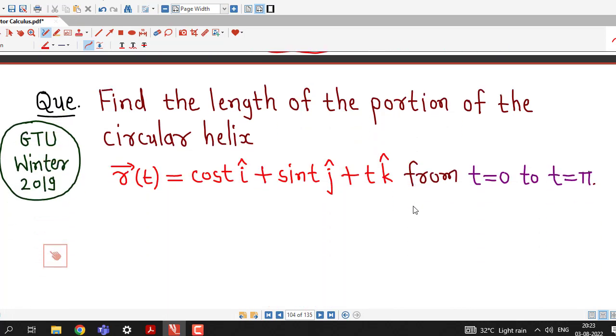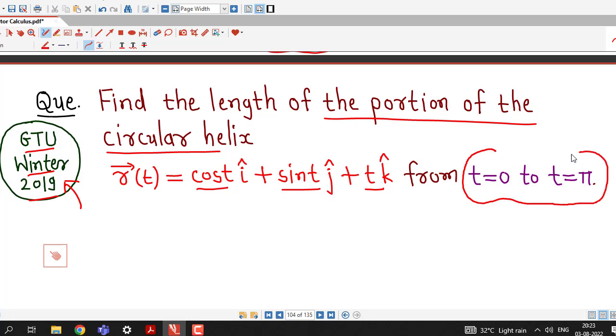So we discuss one question on the arc length or length of a curve. This question was asked in the GTU Winter 2019 exam. The question is: find the length of the portion of the circular helix given by r bar t equal to cos t i plus sin t j plus t k from t equal to 0 to t equal to pi.